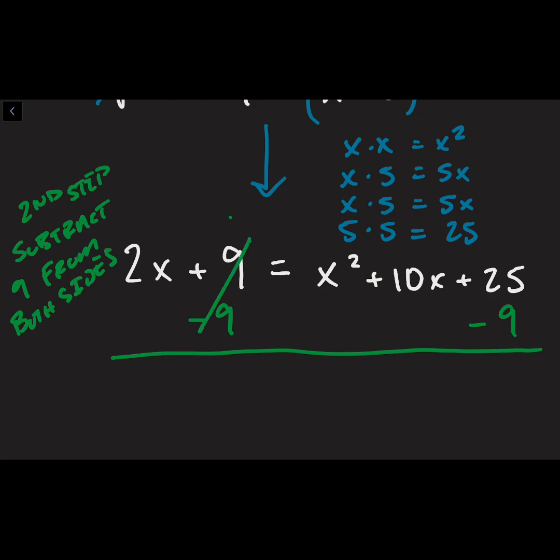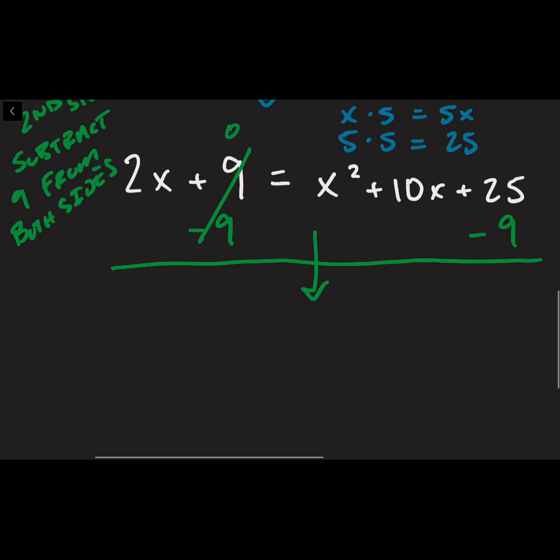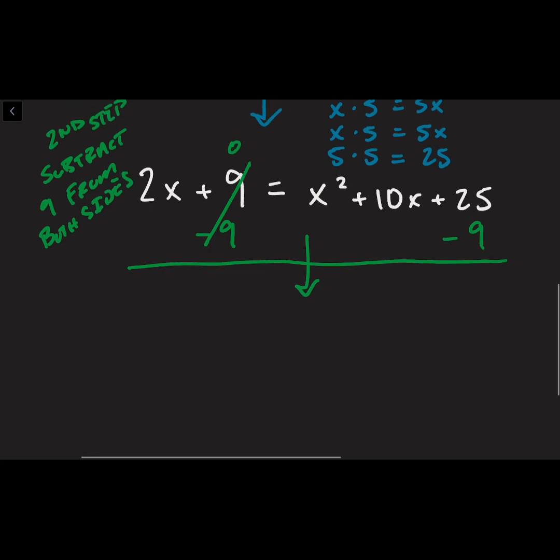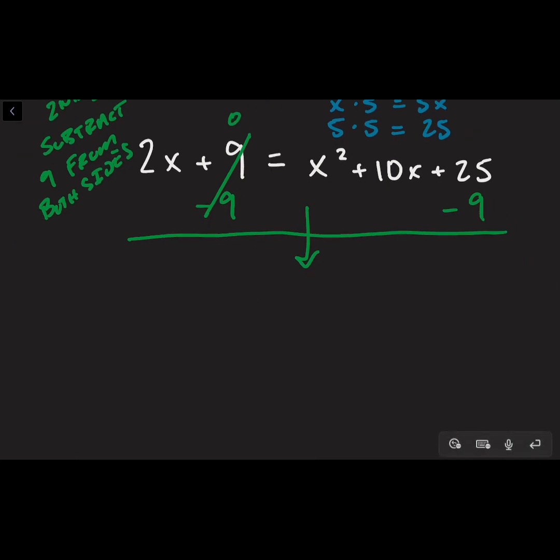These cancel out and give us 0. Then we bring all of this down, and we have 2x left over on this side equals x squared plus 10x. 25 minus 9 is going to give us positive 16. So we got x squared plus 10x plus 16.